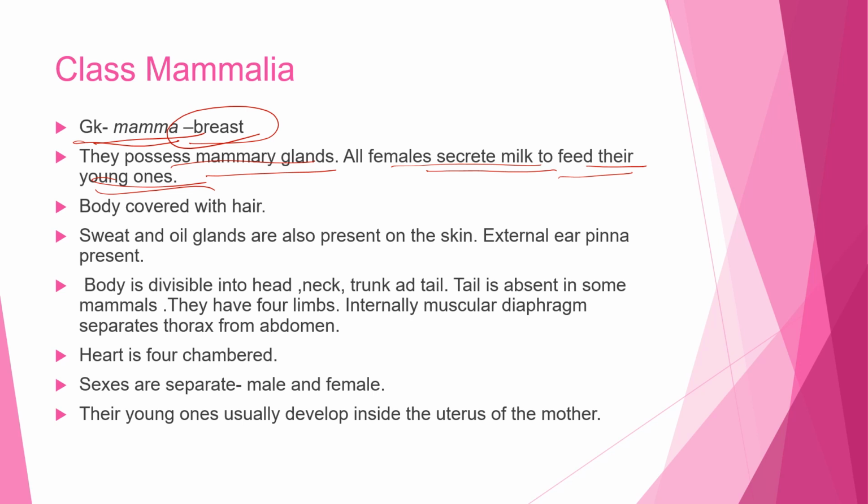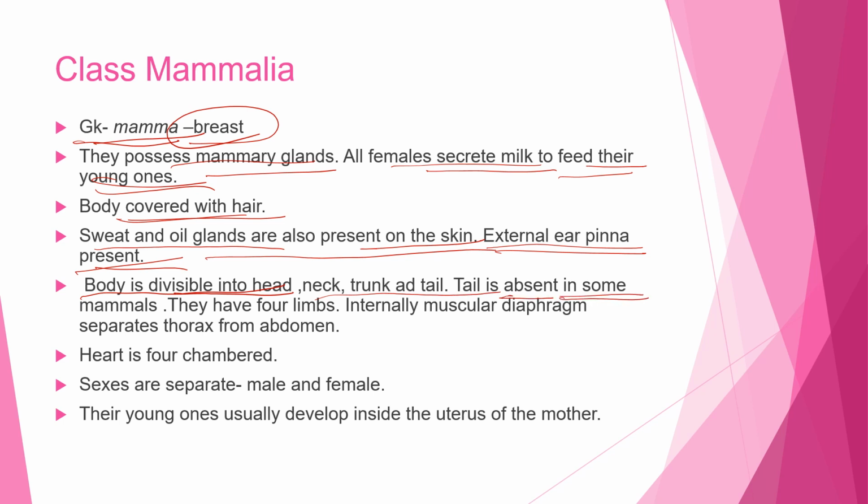One of the main specialities of mammals is that their body is covered with hair. Sweat and oil glands are also present on the skin. They have an external ear or pinna. Their heart is always four-chambered, and the body is divisible into head, neck, trunk and tail.